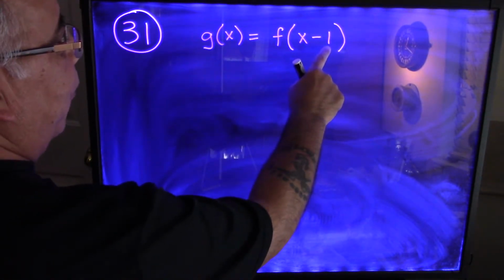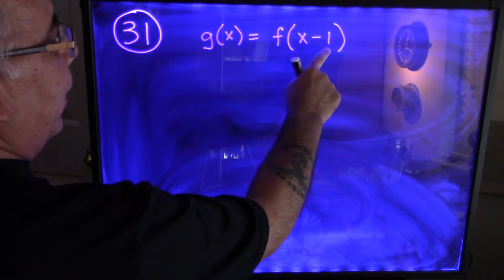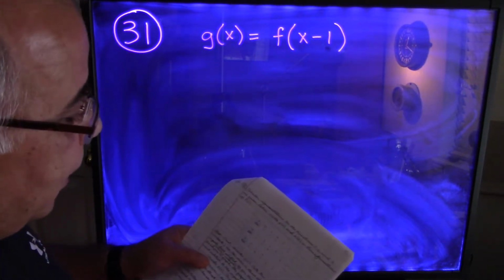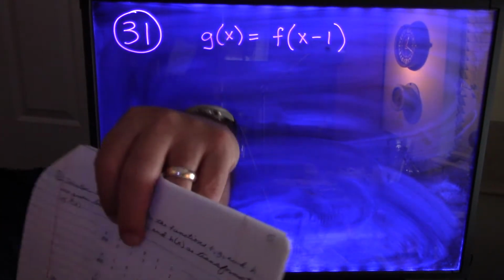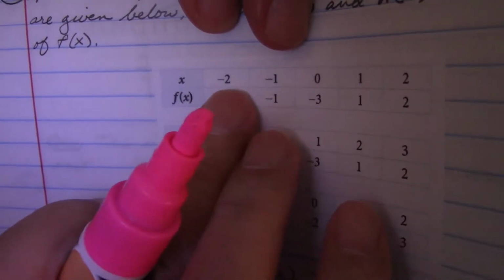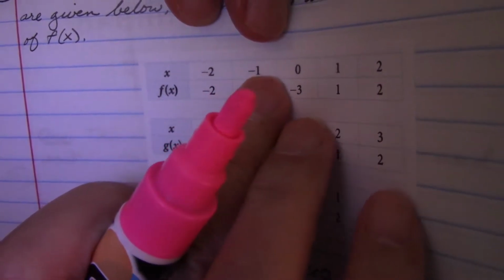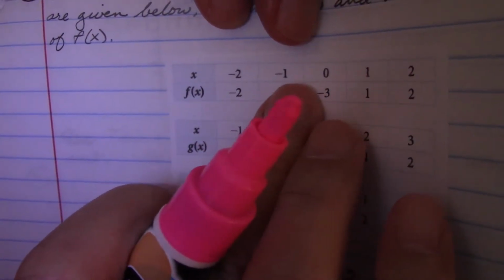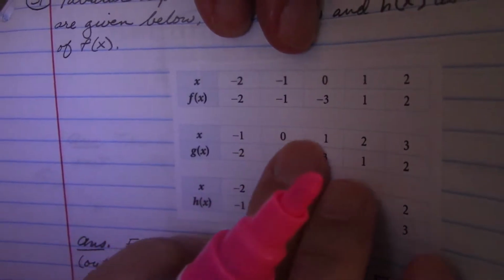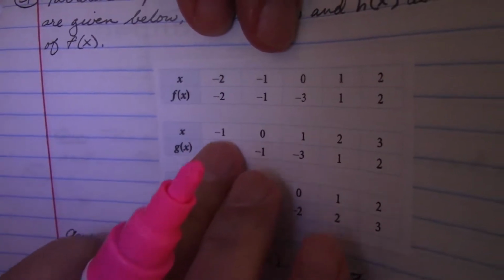Again, this has the same effect right here as adding 1 to each of the x values in f of x, the inputs here. So you just add 1 to each of these x values, the inputs, and you get these new points, right? So that gives you that shift to the right 1 unit. We've been talking about doing this in the past few problems that we've done.